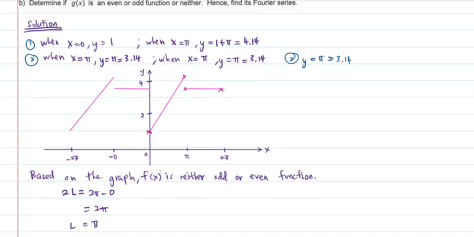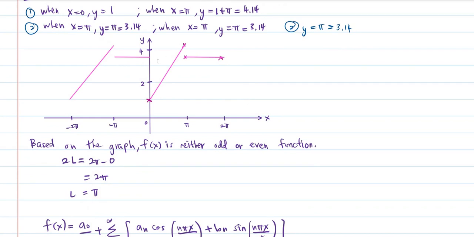Based on this graph, f(x) is actually neither an odd nor an even function, so this is a full range series. Why is it not an odd function? Because it is not symmetric at the origin.